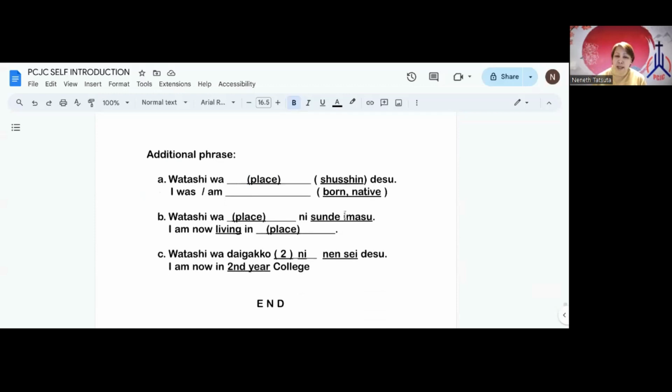Then you can now add, for example, if you came from Pakistan and you are now here in Japan, watashi wa, for example, Tokyo. Let's say you are now living in Tokyo. Tokyo ni sundeimasu.